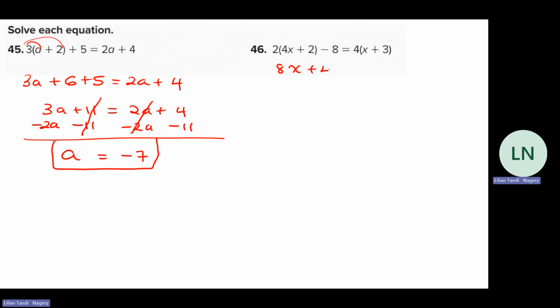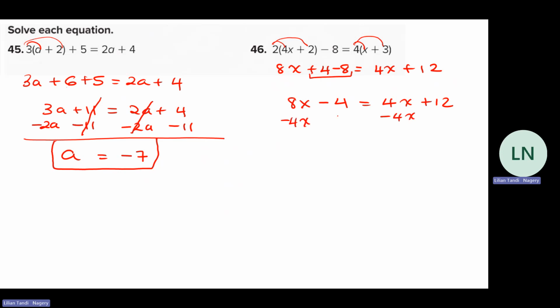8x plus 4 minus 8 is 4x plus 12. 4 times x, 4 times 3, 2 times 4, 2 times 2. 8x minus 4 is 4x plus 12, minus 4x, minus 4x, plus 4, plus 4.